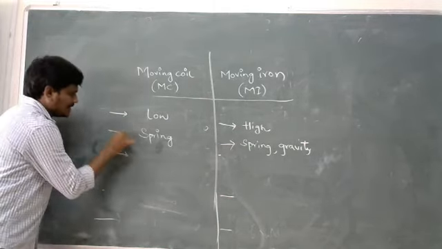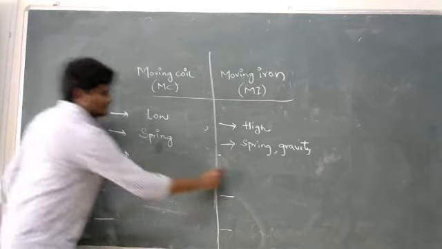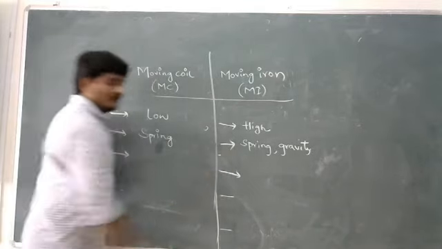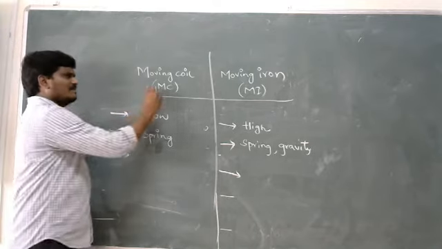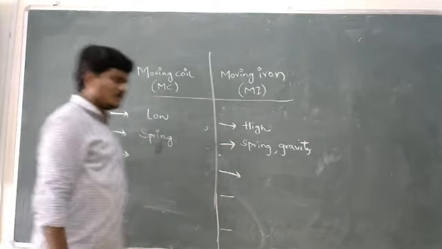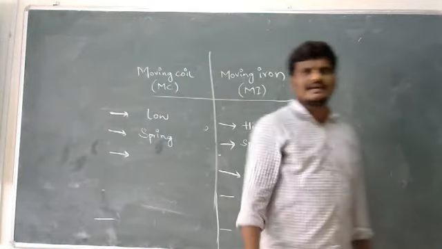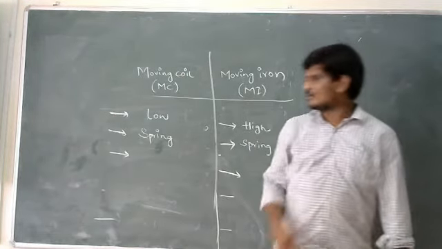Coming to the next parameter, deflection of a pointer. Both MC and MI instruments consist of a pointer which is used to take the reading, whether it is an ammeter, voltmeter or wattmeter.